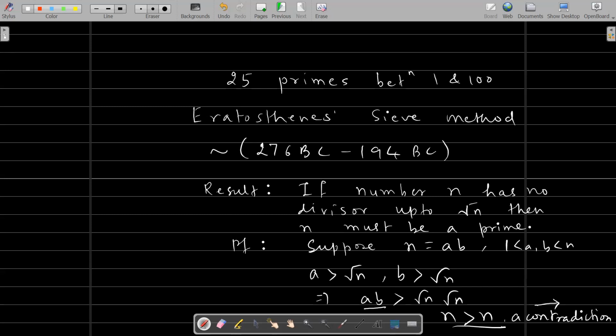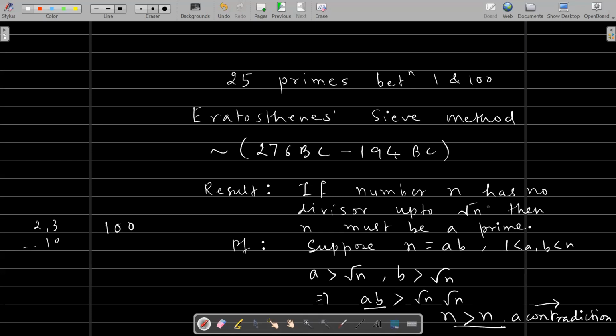Yeah. So if I want to check, for example, whether the number 100 is prime or not, I should check divisors up to root 100. So I should check by 2, 3, 4 up to 10.